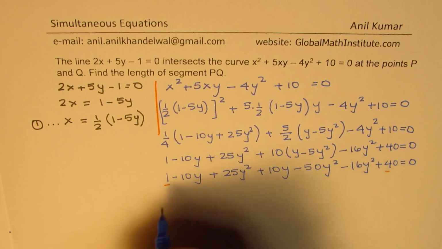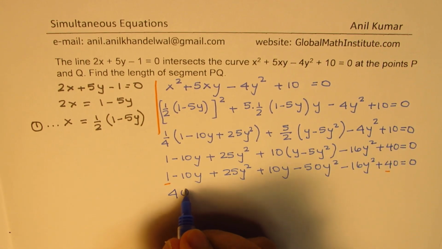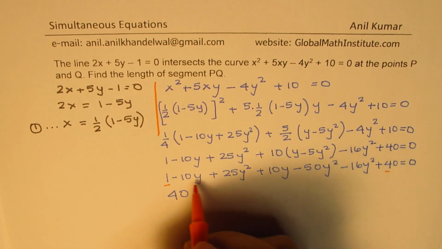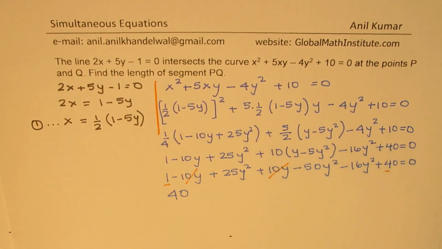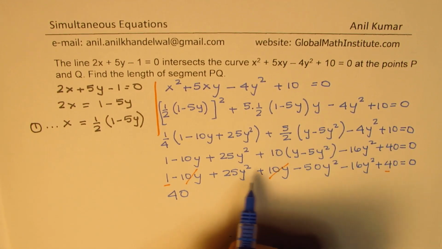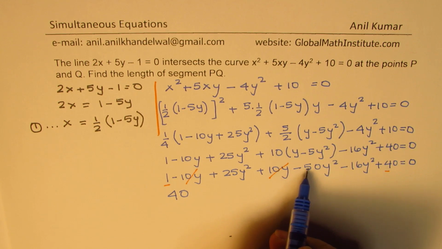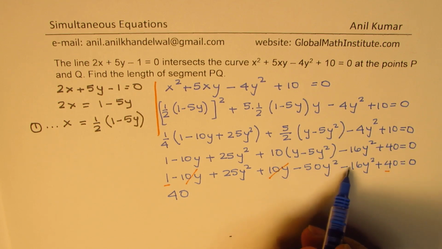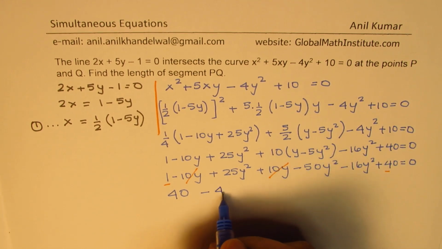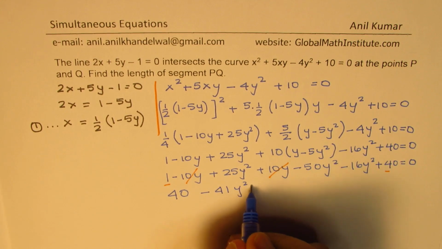So you get 41 here. Then the minus 10y and plus 10y, they cancel. As far as the squares are concerned, 25 minus 50 is minus 25, and then when you do minus 16, that will give me 41 with a negative sign. So we get negative 41y squared.